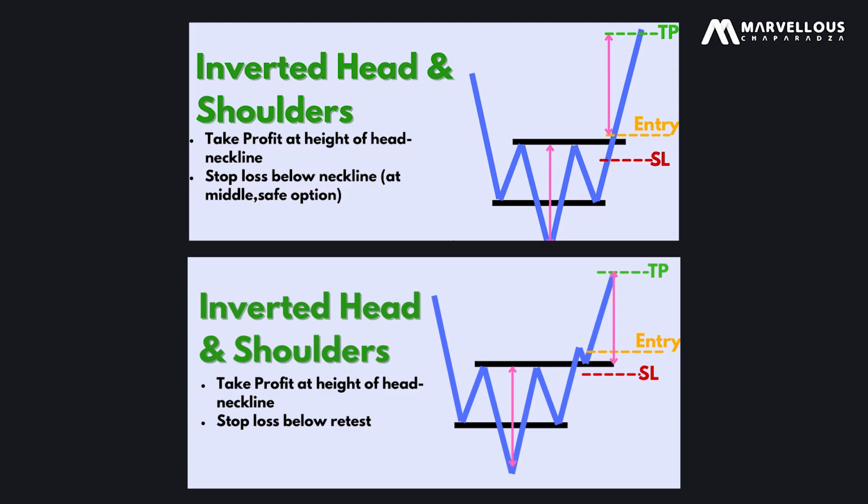If you draw a resistance line across the two tested resistance zones, you realize that this will form a neckline on the figure. And likewise, the safest way to trade the inverted head and shoulders is to wait for the price to retrace back to the formerly broken neckline and retest it as a new support. And this will confirm the price reversal from the downtrend into an uptrend.